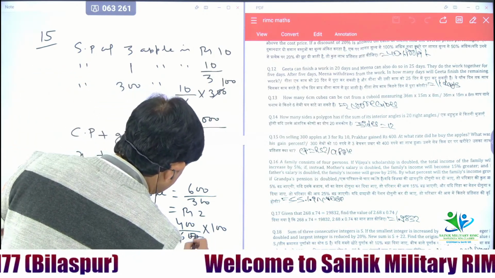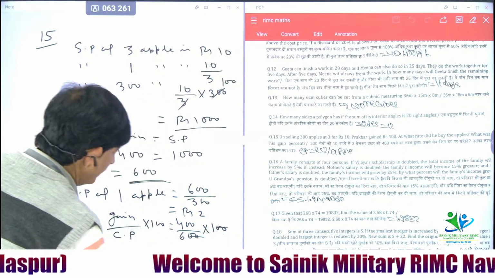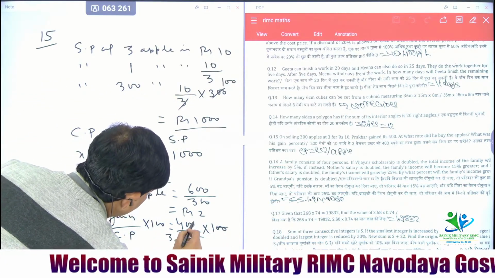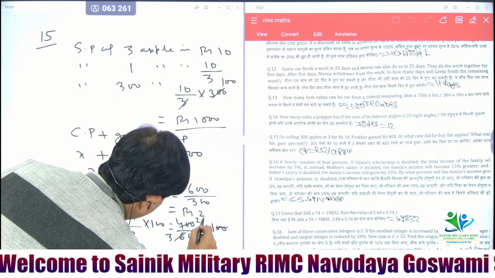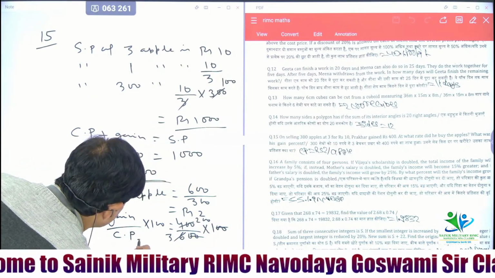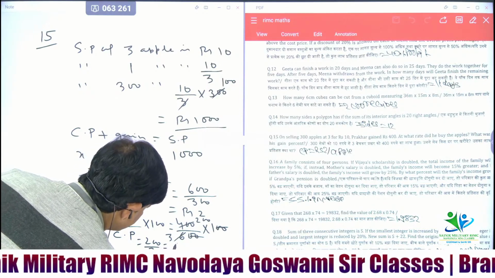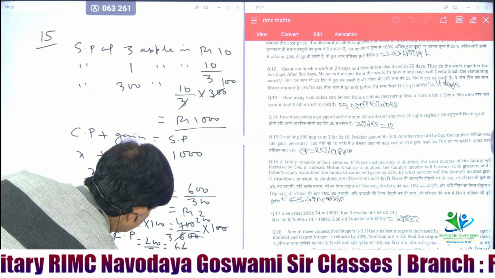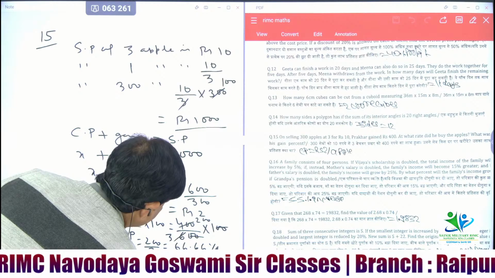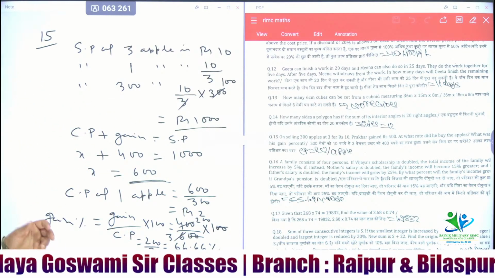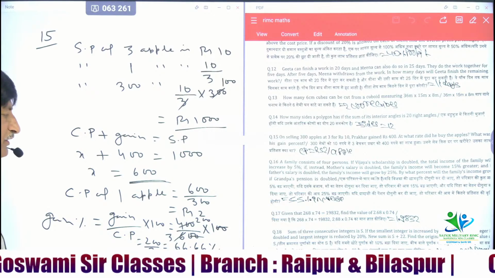Cancel here. And if we cancel 6 by 2, then 3 to 200. And you get here 200 by 3. And this one is 66.66%, like this. And you can also write the answer in mixed fraction also.